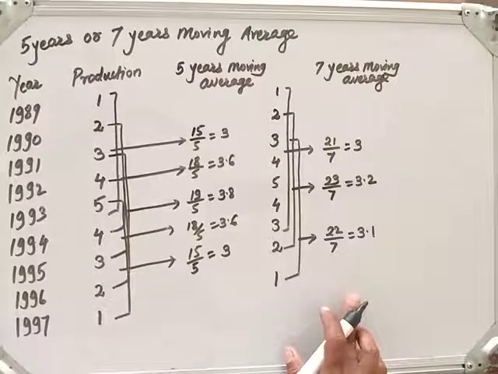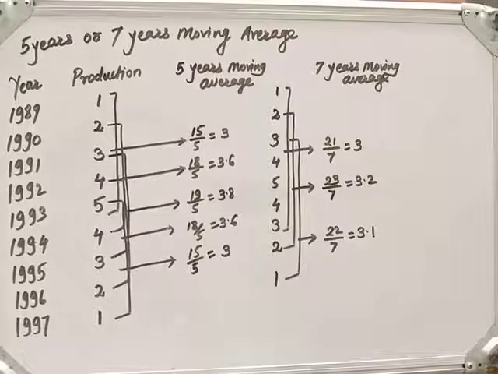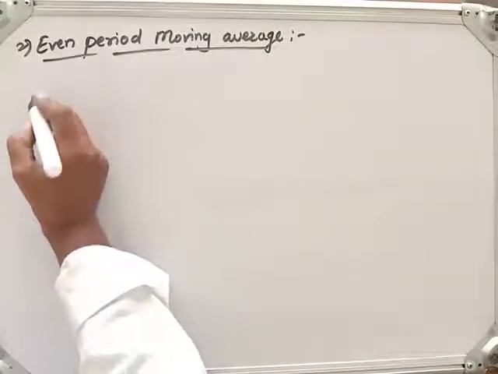Now here we have seen this method for odd period moving averages, 3-year, 5-year, 7-year as such. Now let me take even period moving average. Let's see an example for it.